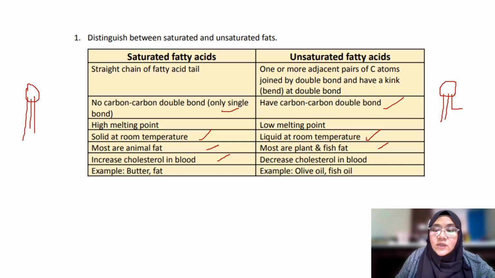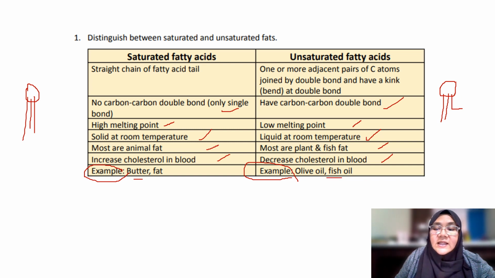However, unsaturated will decrease your cholesterol. It has a high melting point for saturated, and unsaturated has a low melting point. And then you could give examples when you compare or distinguish between these two. For example, here it gives the example of butter for saturated, and the example for unsaturated, fish oil.